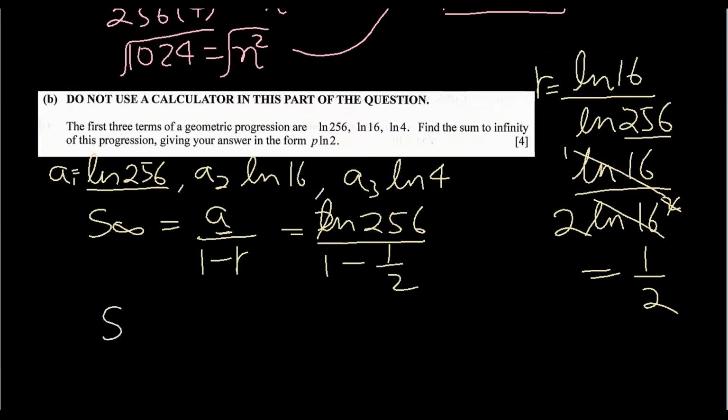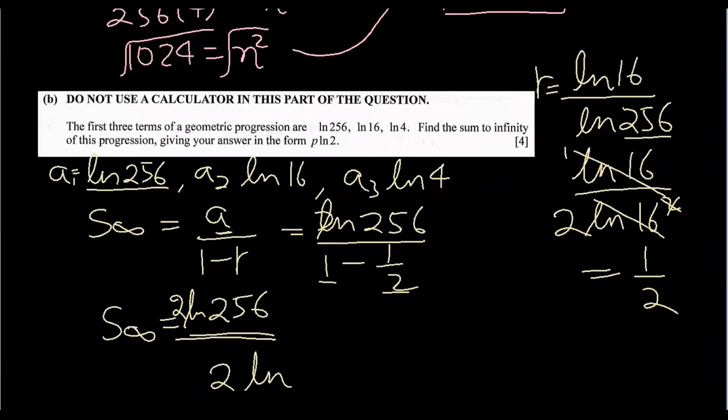So S infinity is equal to 1 minus half, is half. Ln 256 divided by half, which is multiplying by 2, right? This should be our answer, but they're saying we want ln 2 here. So again, a challenge to convert this 256 into base 2.